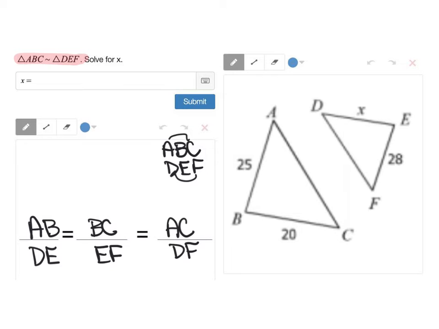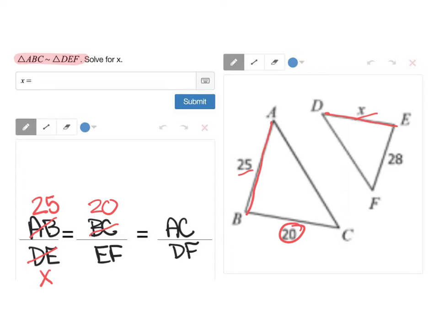The nice thing is that now I just have to fill in the blanks. So I'm going to look at my picture and say, okay, AB. Here's AB. It's 25. DE. Here's DE. It's x. BC is 20, EF is 28, and then AC and DF aren't there, so I can just get rid of them.